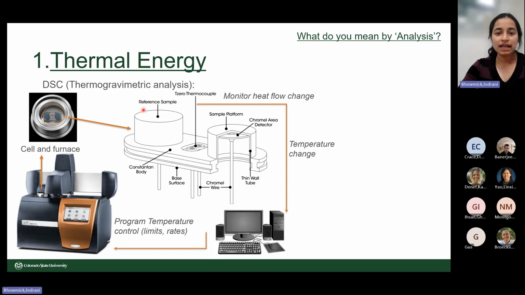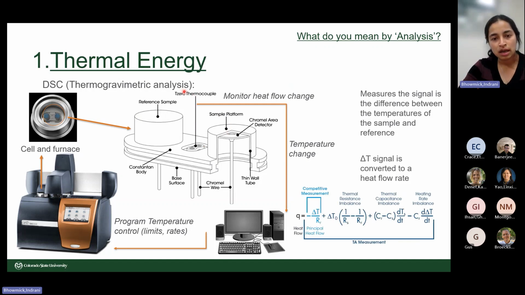So anyway, in this little cell you have one reference and one sample platform, where you heat both the reference and the sample at the same rate. What you record, with this T0 thermocouple, is the difference in temperature between the reference part and your sample platform.